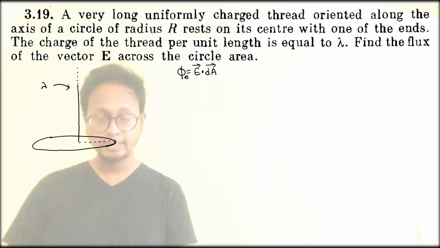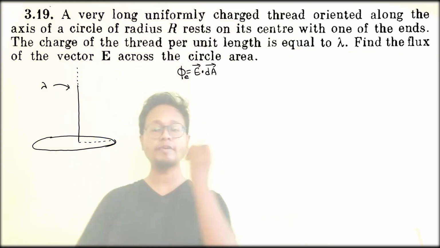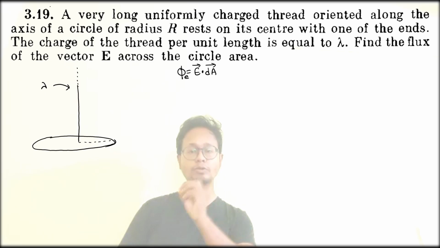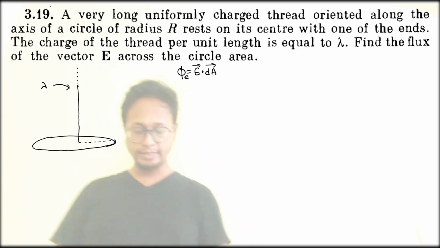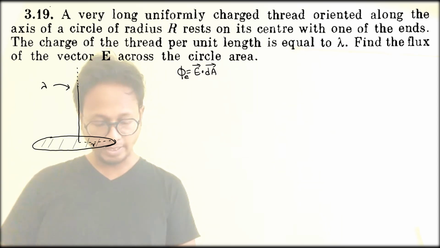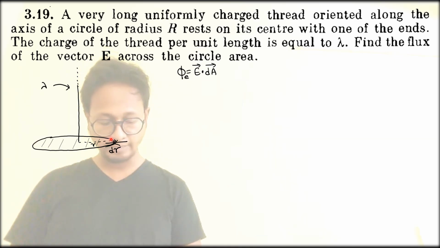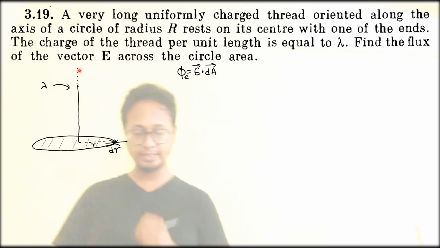And the disc is made up of elemental rings integrated over 0 to R. So in this entire disc, what did I do? I took an elemental ring of thickness dr. And if I integrate this elemental ring from 0 to R, I'll get this disc.